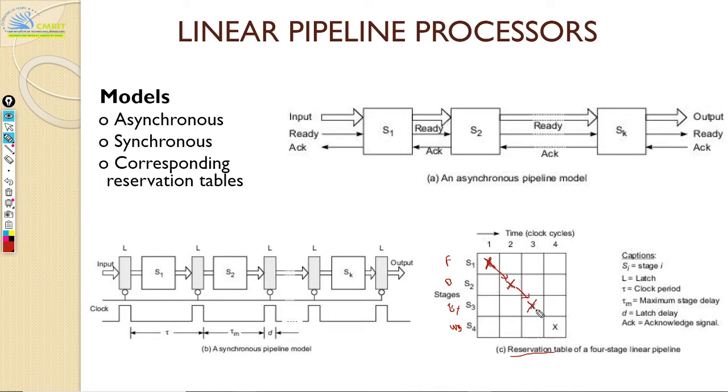So at time instant 3, your S3 is working. Then similarly in time instant 4, the ball is passed to S4, and once S4 is done, you can give away your output. So your output is ready at this time. So it's done, and this is called your reservation table.